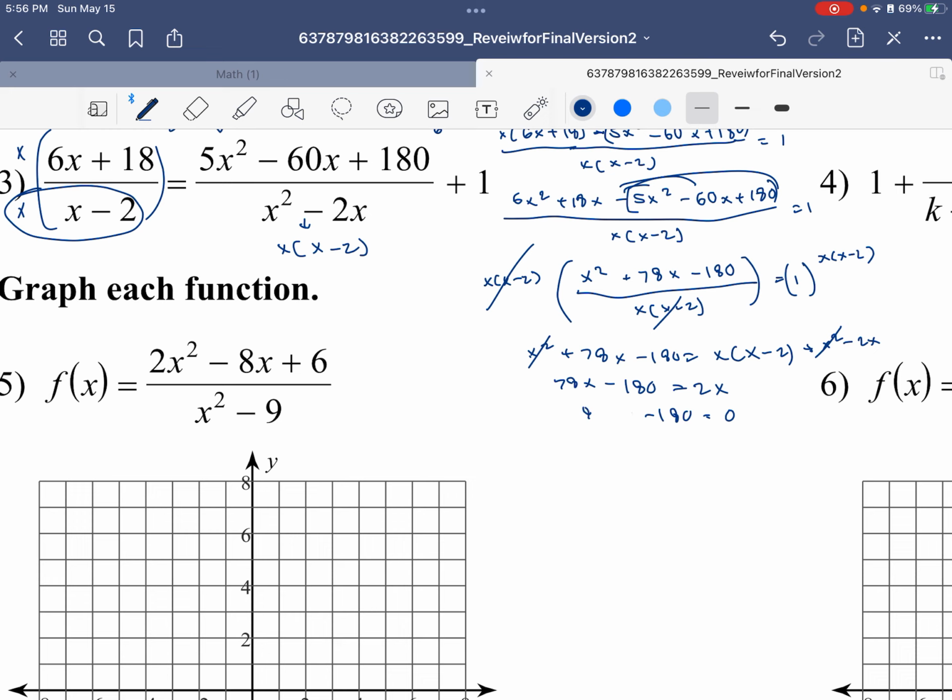Okay, so we have 80x equals 180. Now I'm going to move the 180 over and then isolate to find x. So we have 18 over 8, which simplifies to 9 over 4. So our answer is 9 over 4.